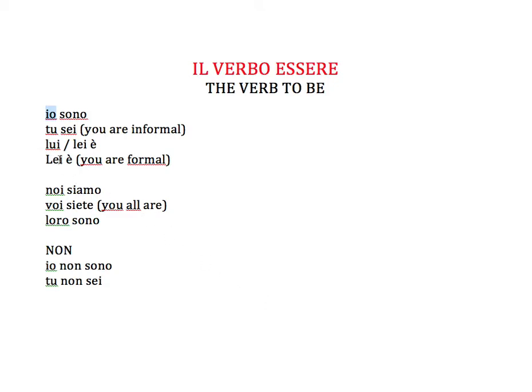We use it, as I said, only for Lei to mark the difference with lei, she. So Lei formal we should write with a capital letter, just to mark the difference from lei, she is, with a regular, no capital letter.